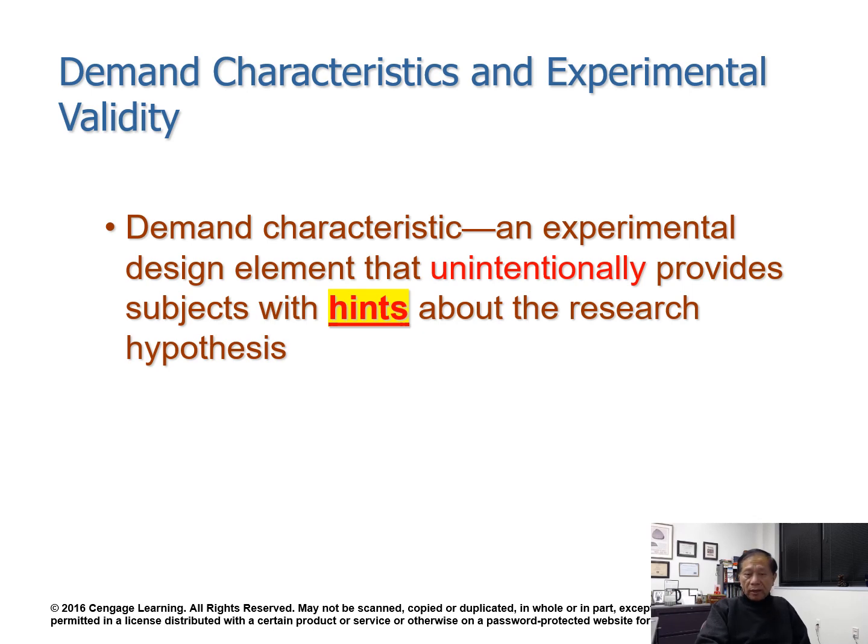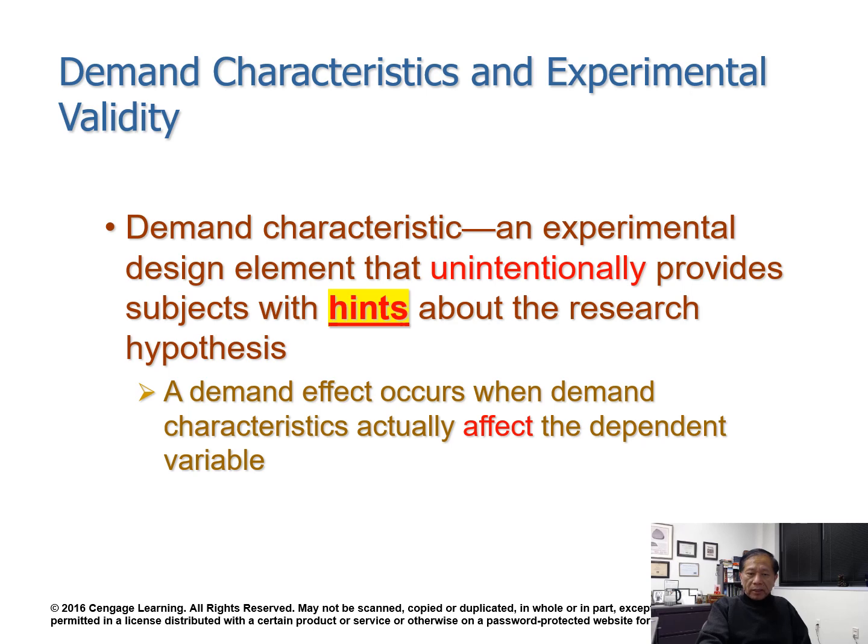If you unintentionally give them the hints about the research hypothesis, they may behave in a certain way that is not giving you the accurate description of the true situation. Okay? A demand effect occurs when demand characteristics actually affect the dependent variable. Okay? There is a demand effect.